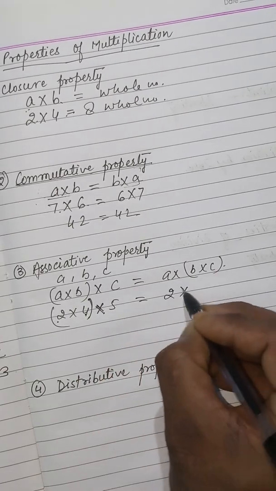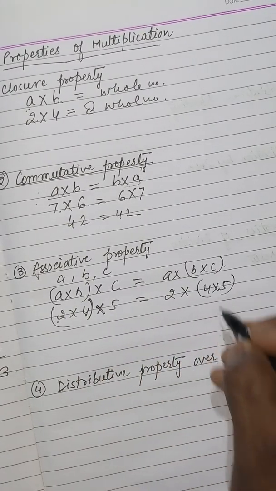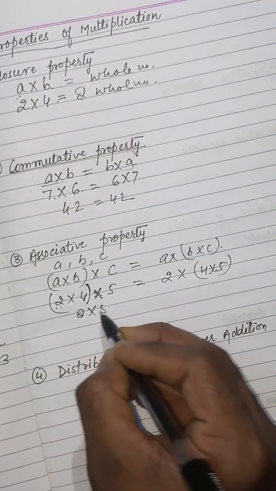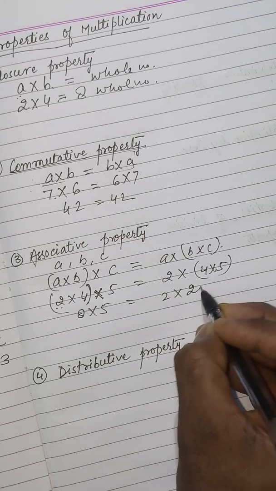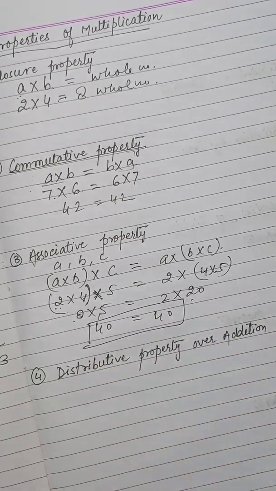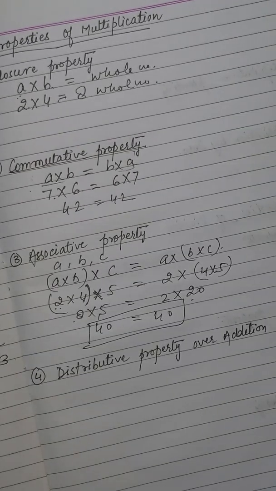We will get the same result if we multiply 4 and 5 at first, then multiply by 2. 4 2s are 8, 8 5s are 40, and 4 5s are 20, 2 20s are 40. Look, the results are equal. Then associative property of multiplication.